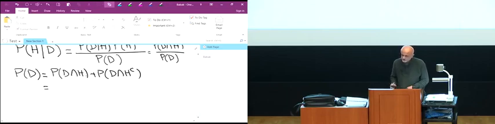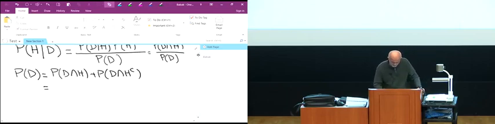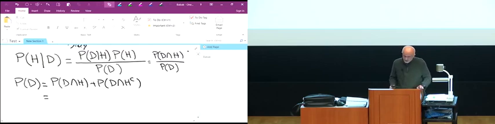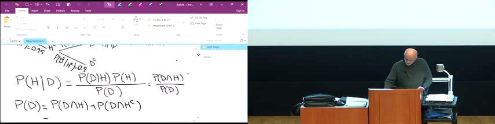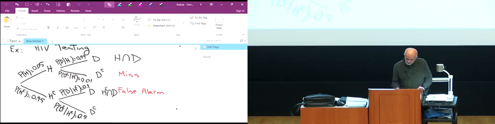What's the first term? How do I compute that, in terms of probabilities that you have been given? Can you write this in terms of the conditionals? How do I get to this top outcome? H and D is equal to the probability of what times what? H times the probability of D given H. Okay, let's do that.